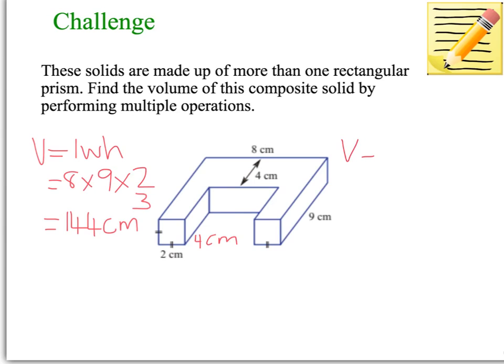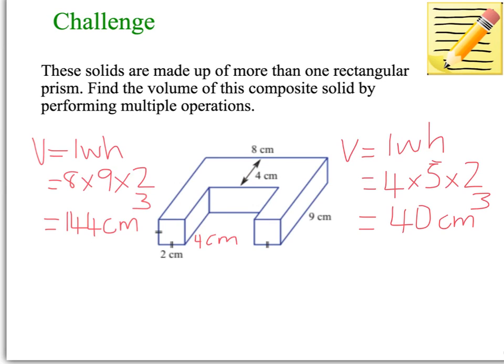I might just write that over here. So volume equals length, width, height. We know the length is 4 centimeters. The width we've worked out is 5 centimeters. And we know the height is 2 centimeters. So then we can work that out. 4 5s are 20, times 2 is 40 centimeters cubed. And we're not done yet.